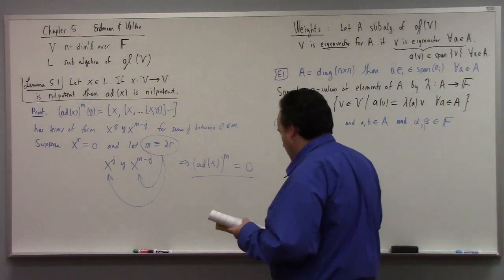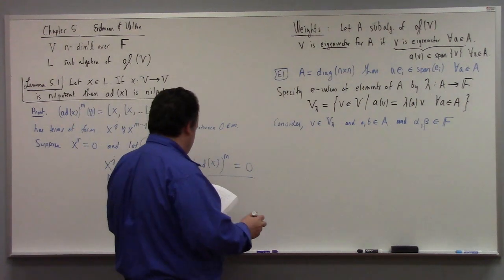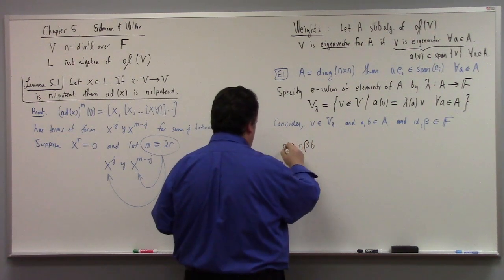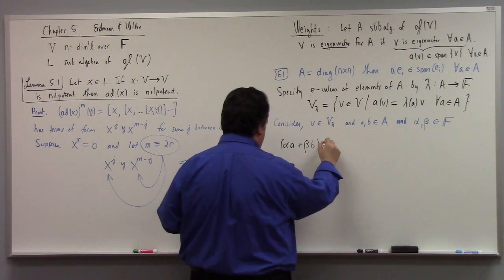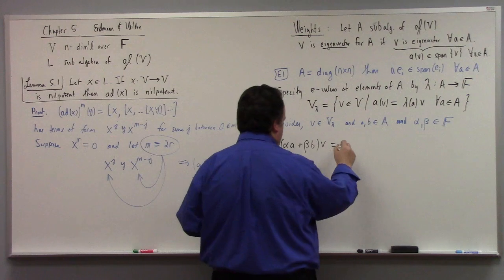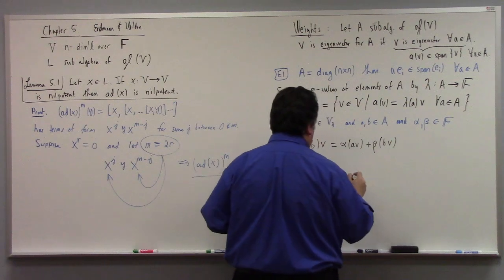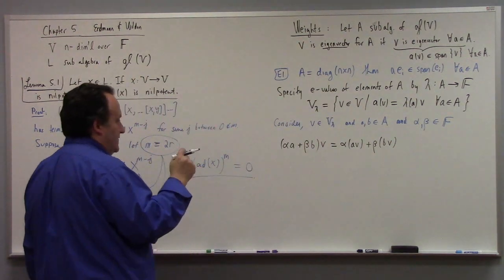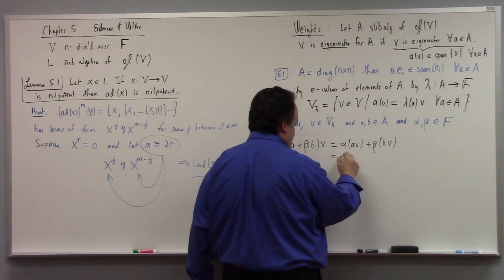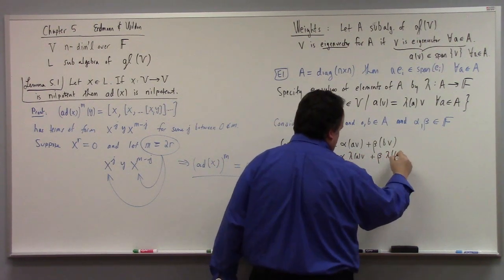Then this is kind of an important calculation, I think. Let's go through it here. Alpha a plus beta b, so that's an operator acting on the vector v. Okay, so that is going to be equal to alpha a acting on v plus beta b acting on v. All right. But since v is in V_lambda, that means that the eigenvalue for v with respect to a is given by lambda(a) times v, right? And likewise over here, lambda(b) times v.